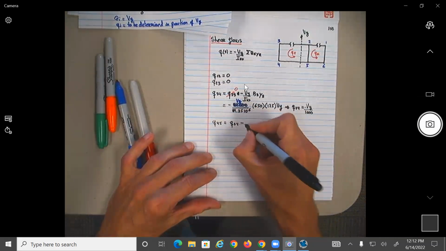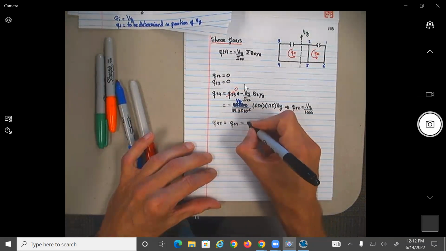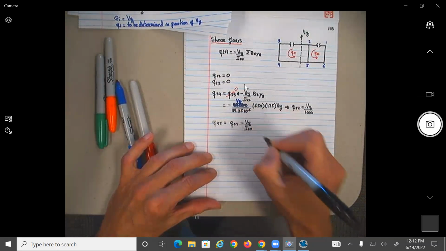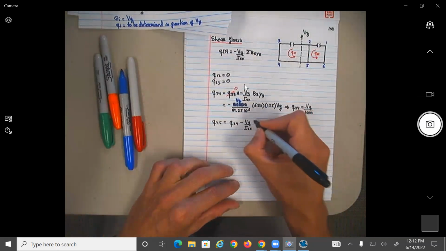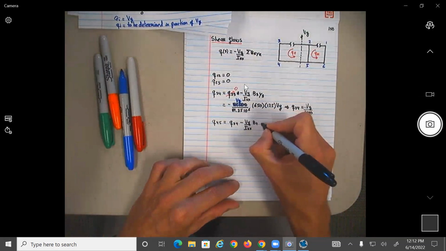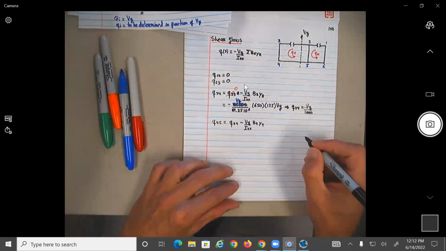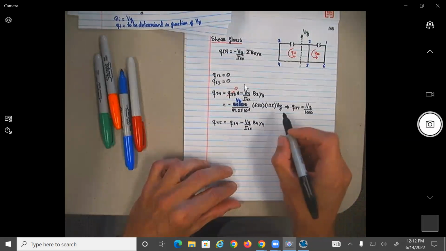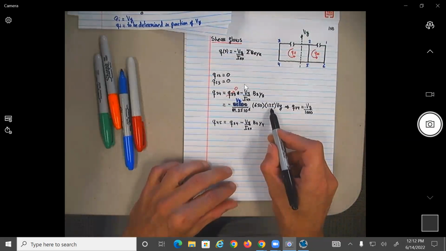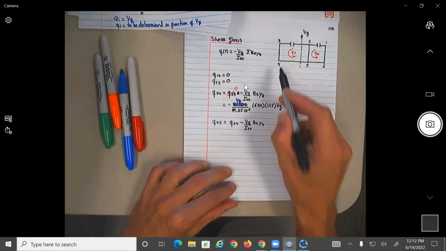Q34 minus Vy over Ixx times V4 times Y4. So in this case, what's going to happen? Instead of being positive 125, this is going to become negative 125, no?